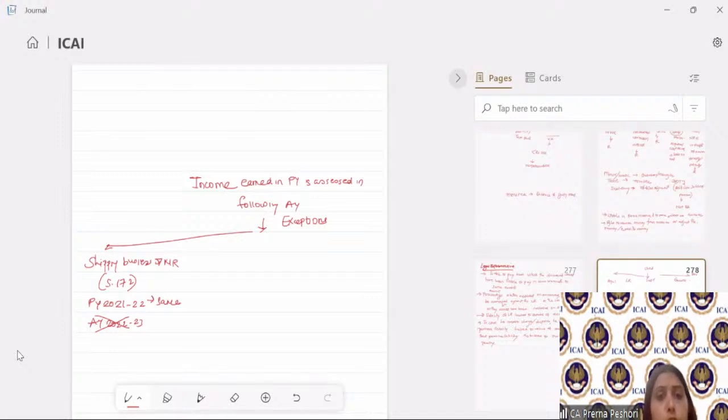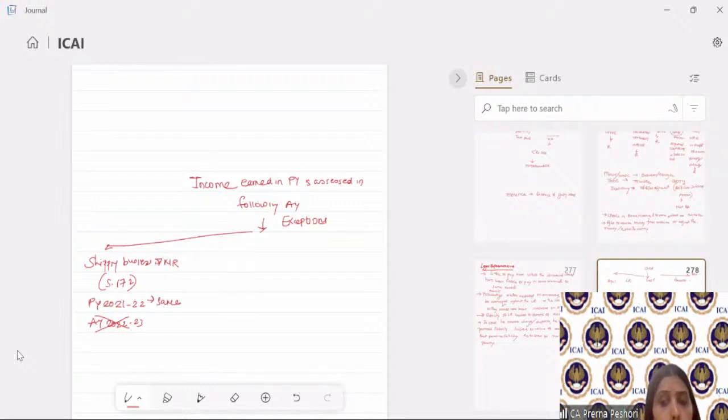So before the departure of the ship from the port in India, the master of the ship has to prepare and furnish to the AO a return of the full amount of tax paid or the amount of the carriage which is payable and the tax thereon. And the assessing officer will require the ship master to furnish the return of income before the departure of the ship, and then only he will give the certificate.